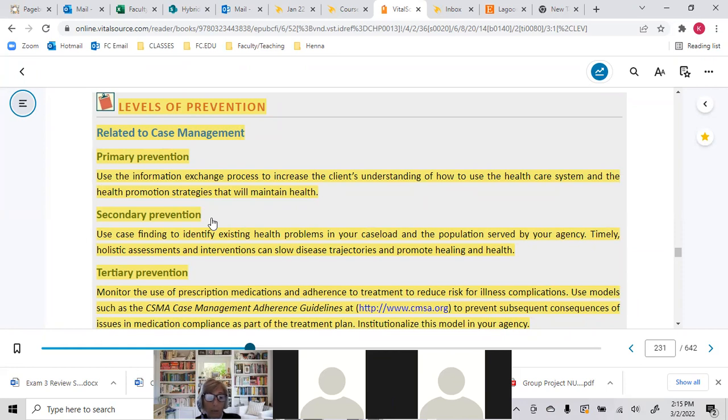Secondary: use case finding to identify existing health problems in your caseload and the population. Timely holistic assessments and interventions can slow disease trajectories and promote health and healing. Why is that secondary?